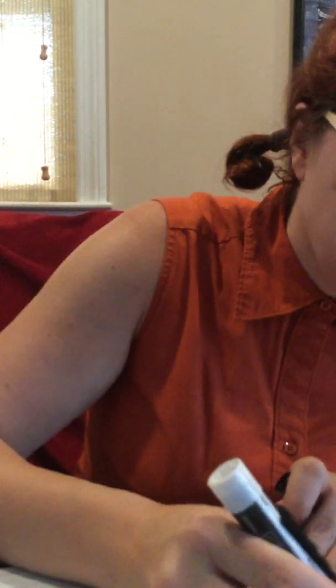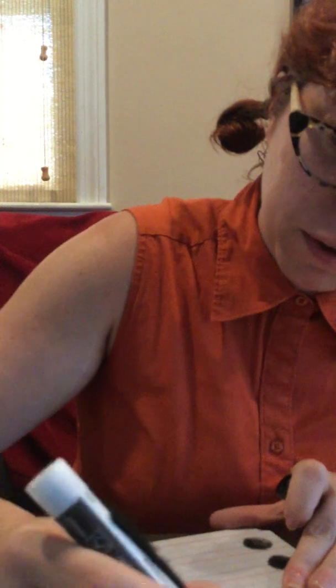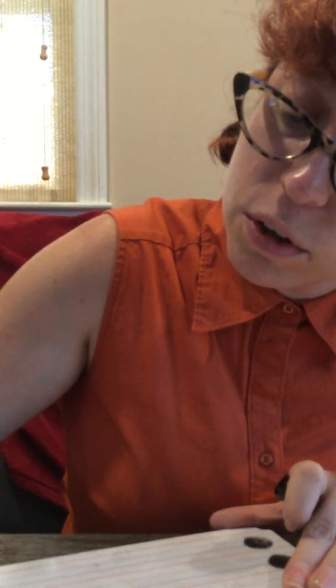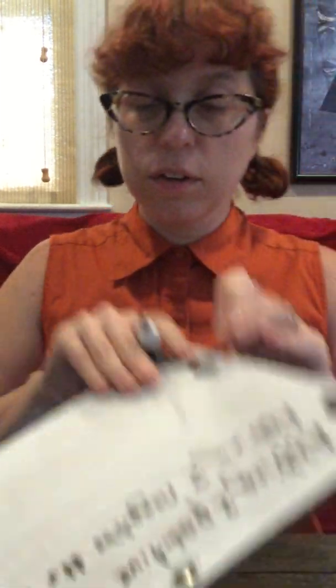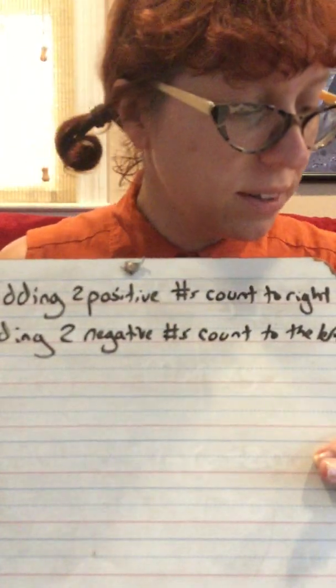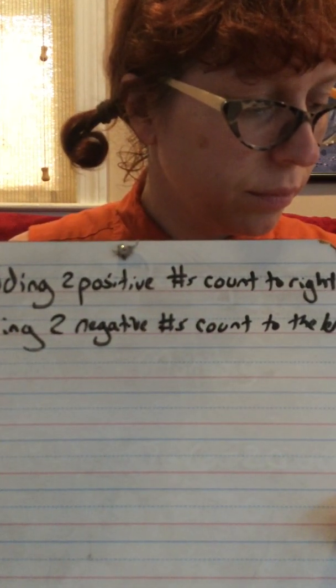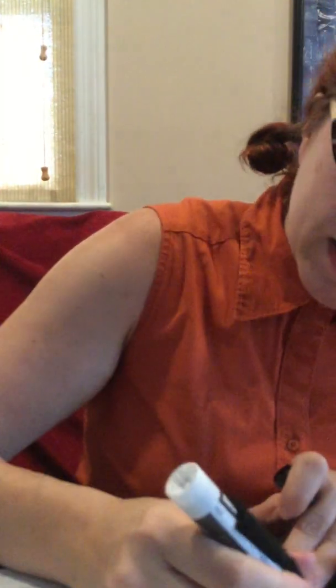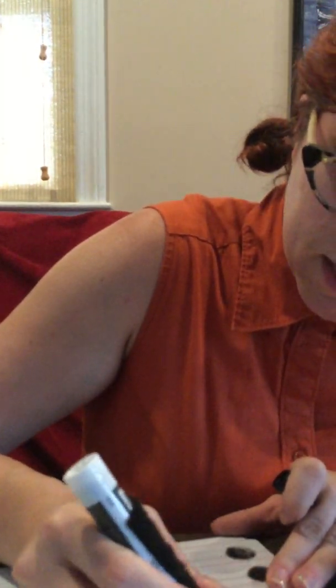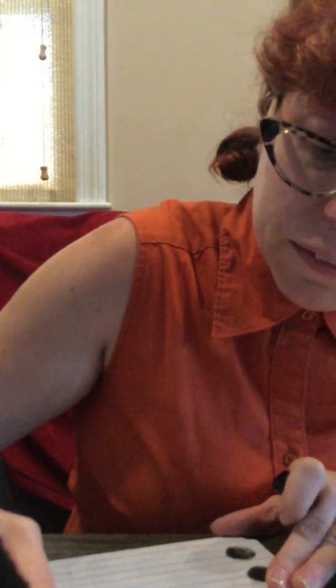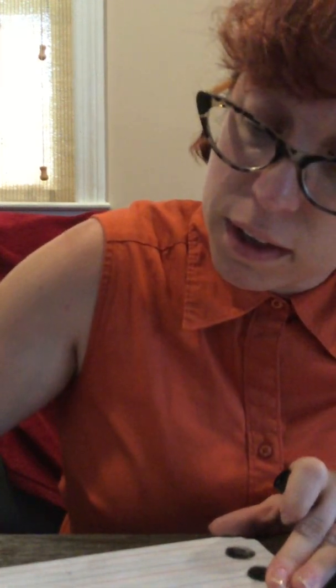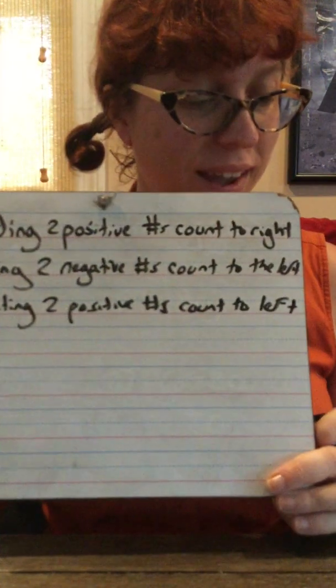If you're adding 2 negative numbers, you count to the left. You're still adding them together, but you're counting to the left. If you're subtracting 2 positive numbers, count to the left. Okay?